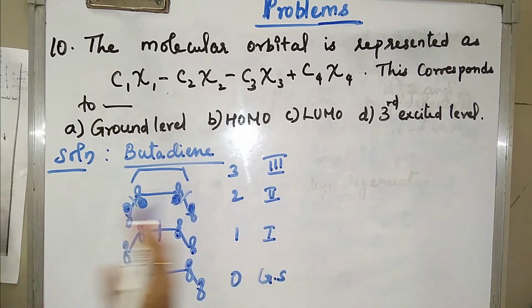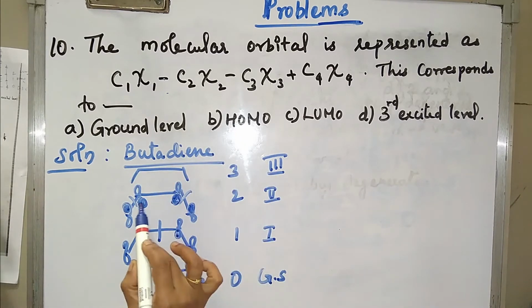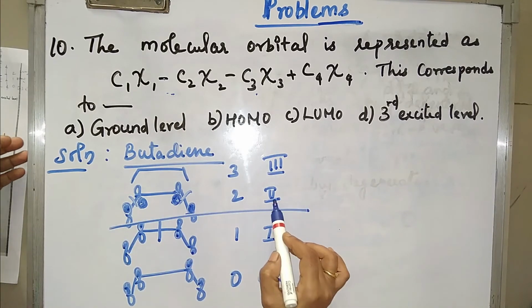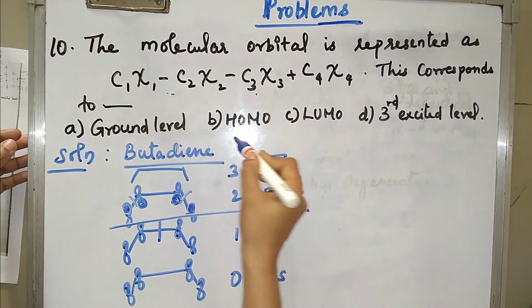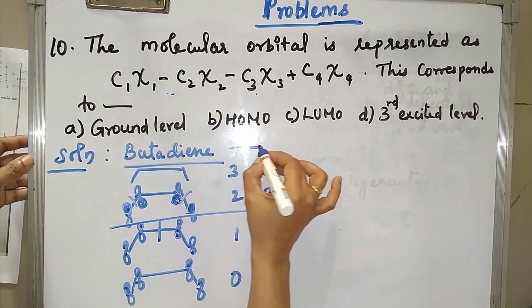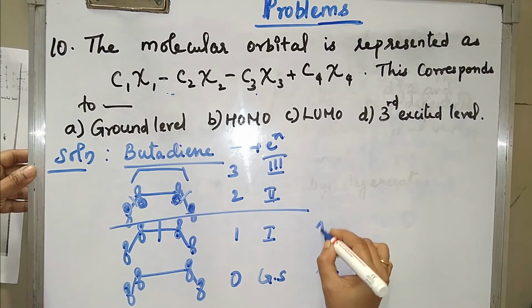Once again, I'll tell you all the tricks, so those who are viewing this can come to know. See, these 2 are negative. So which level is this? Second level. Otherwise, they can explain it with HOMO and LUMO. Butadiene has 4 electrons, so 4 electrons means 2, 4.